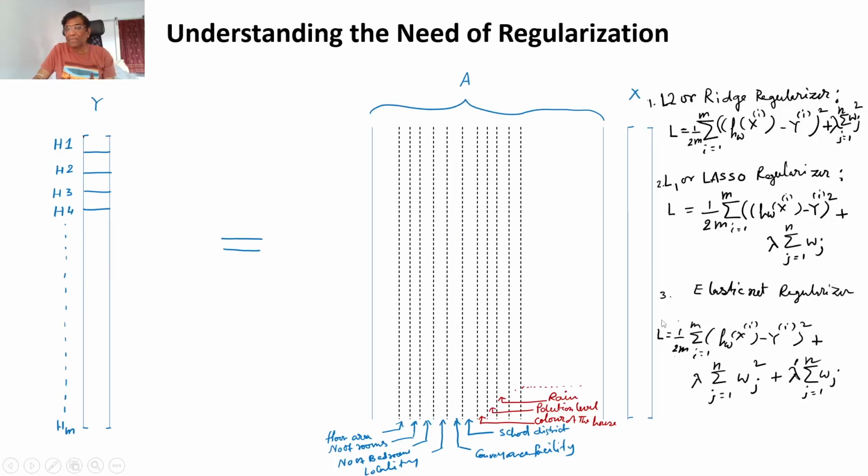L1 and L2 regularizer in my objective function. So this is my least square objective function, and two constraints we have put here. See, lambda, lambda dashed. Lambda corresponds to ridge regularization, lambda dashed corresponds to Lasso regularization.